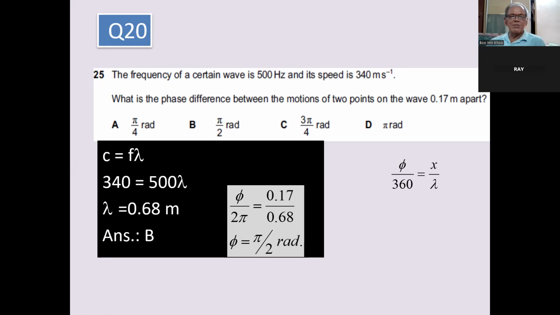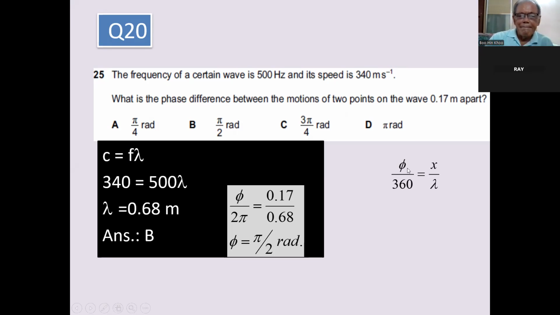But you still need to know how to calculate. Pi radian, then you have to do in A2. This is an old question. That's why in old questions they are required to know radian in AS. What is the problem? Calculate wavelength first, because you want the difference between 2 points on the wavelength.